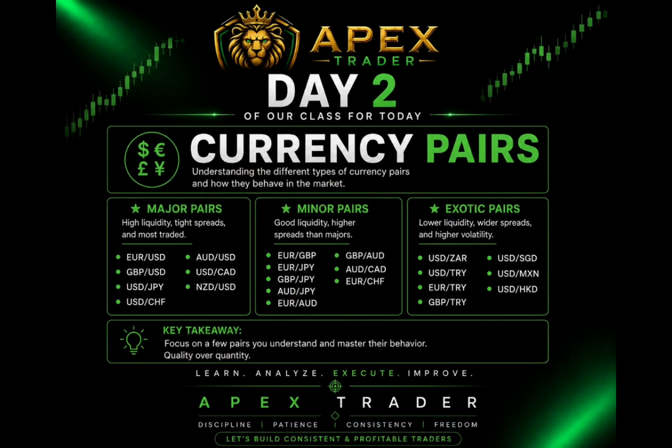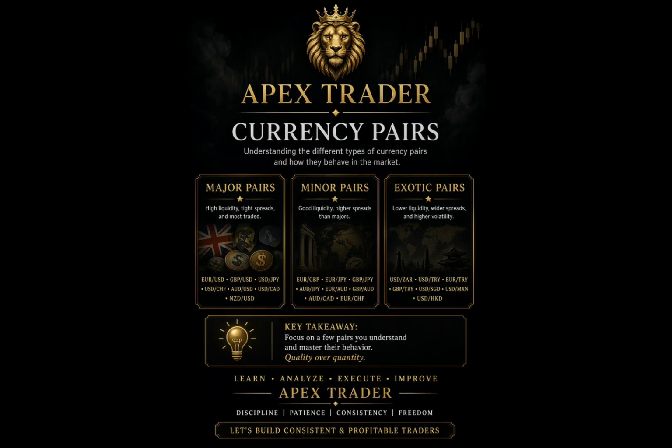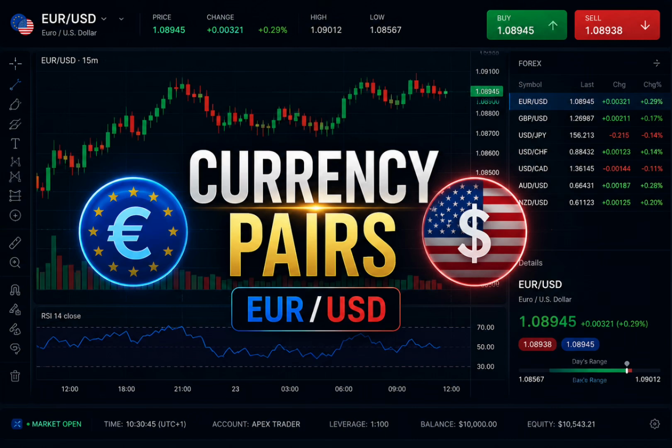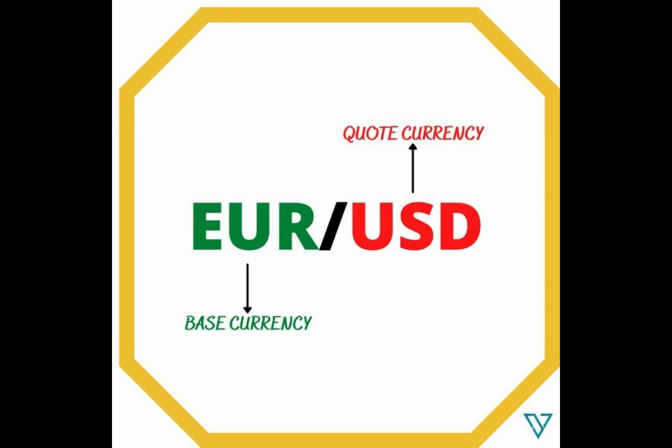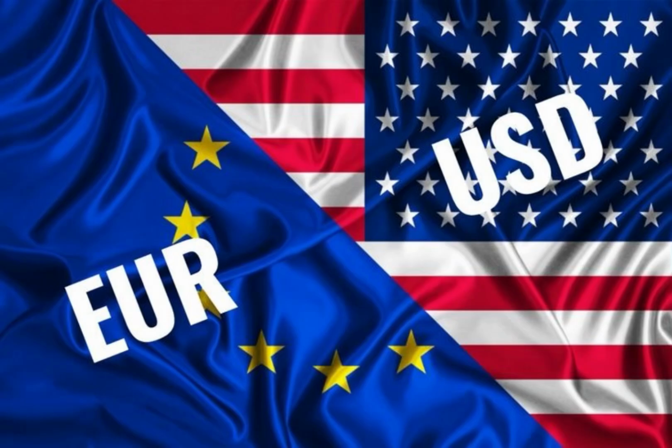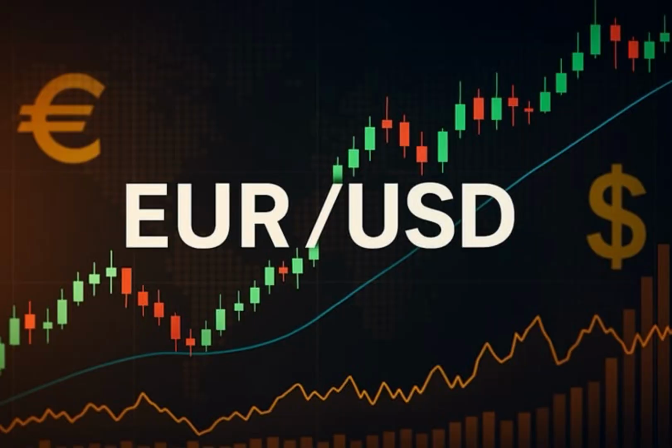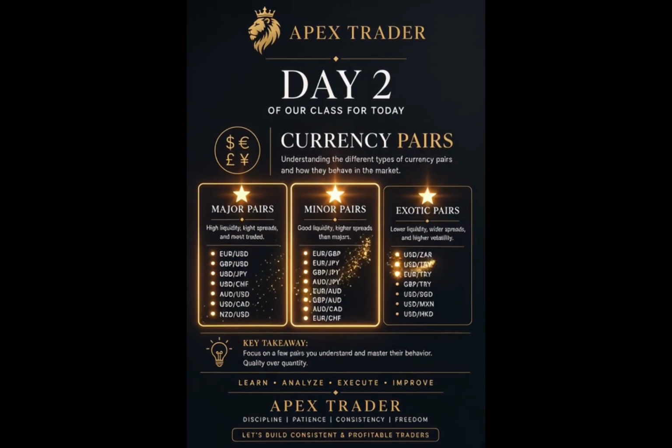So okay, let's quickly go over what we just learned. A currency pair simply means two currencies compared against each other. The currency on the left side is the base currency, and the currency on the right side is called what? The quote currency. So for example, with Euro/USD, the euro is the base and the USD is the quote currency. I don't want you to just listen to me.